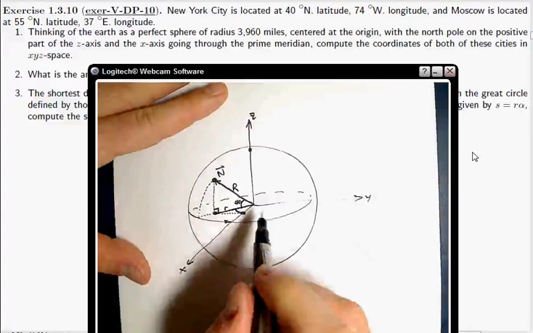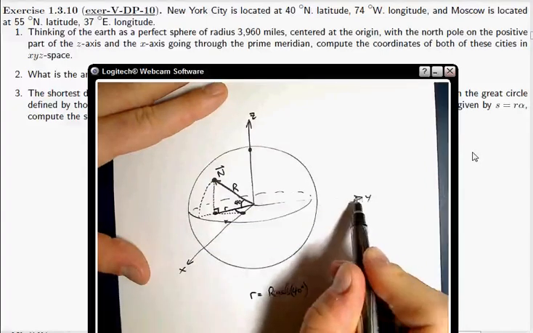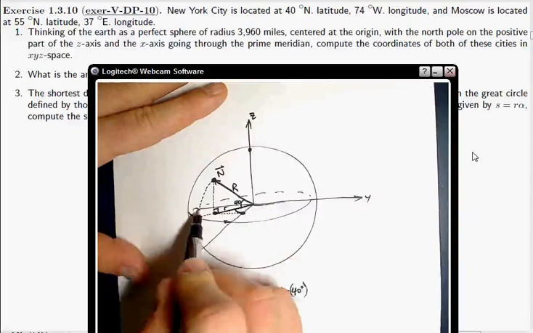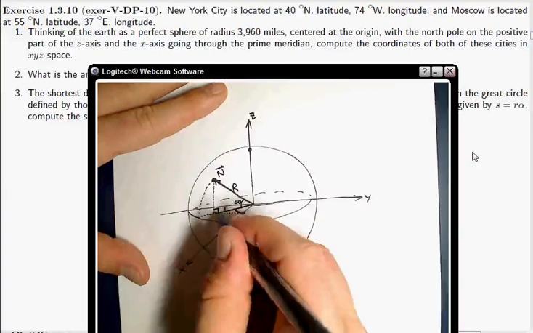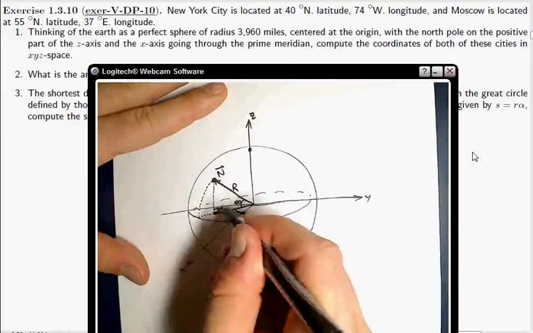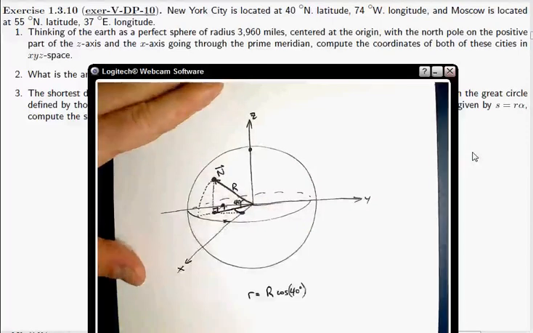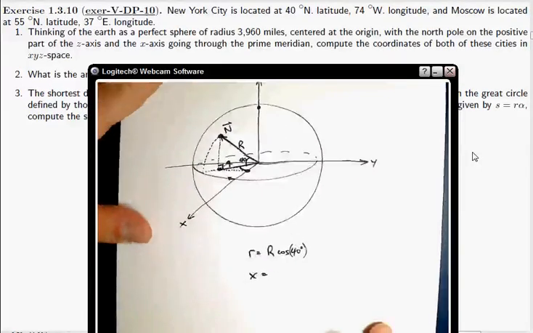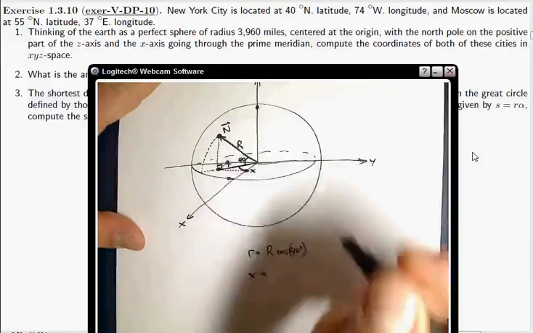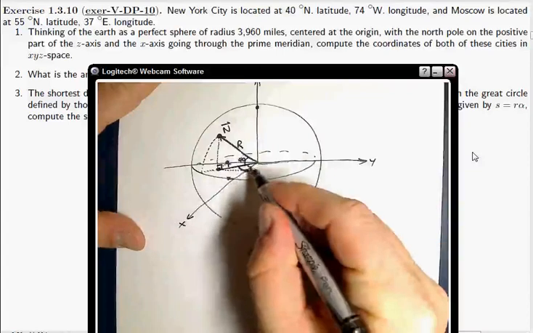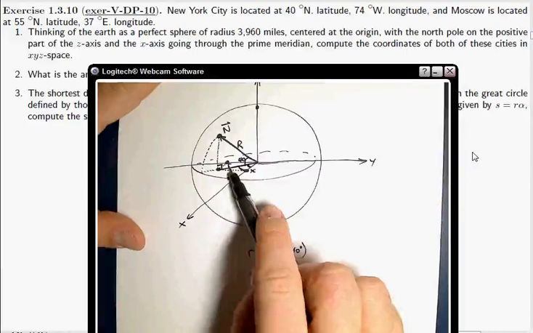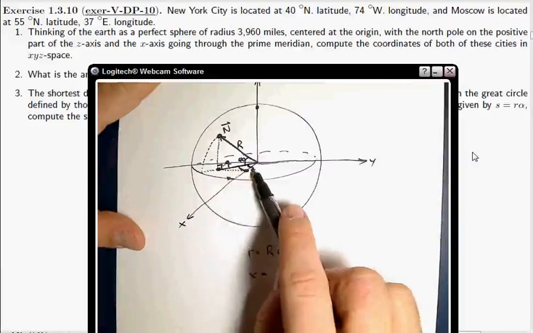Okay. All right, now I want to know the x and y coordinates. Oh, my y-axis didn't continue all the way over. That's not good. Let's do this. So my y-coordinate is going to be over there. So I claim that x, you can just see from this picture, relates to that angle of 74 by, well, it's r times the cosine of that angle.